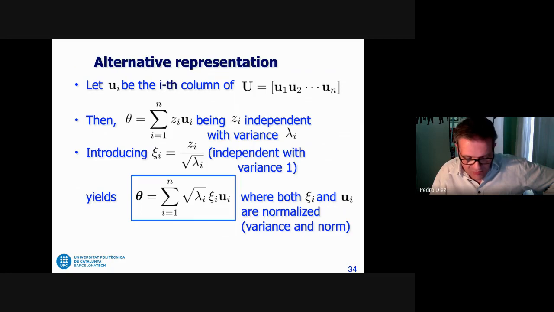We divide each component of Z by the square root of lambda, such that these new variables xi are also independent of each other, but they have unit variance. So we can express theta as a sum of the square root of lambda, the xi's, and the vector u, which corresponds to the columns of matrix U. This is a pretty standard expansion or representation of vector theta in terms of the new variables xi. Again, the xi's are the only ones that are random here.